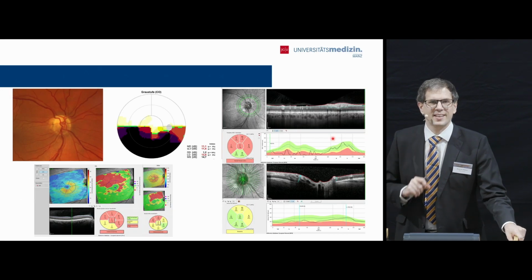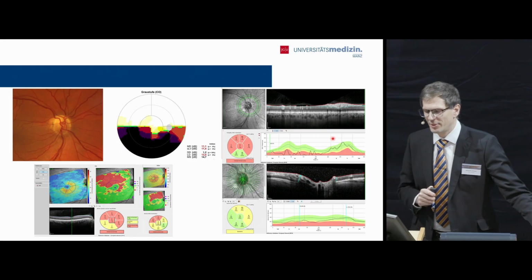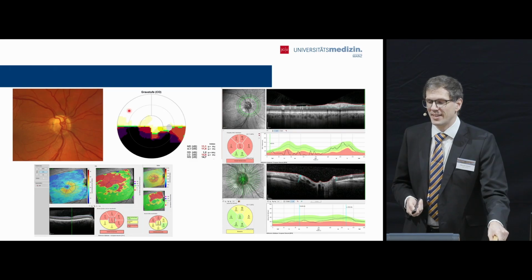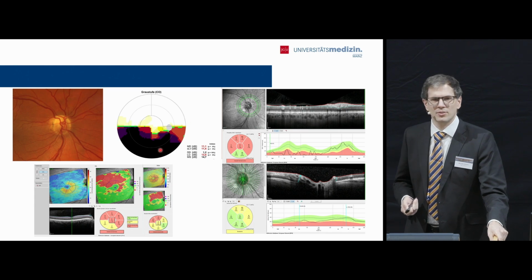Thinking about the next case, like here, what do you think it is? Let's show the picture to you. We have there the optic disc that is slightly degenerated in the upper part. We have a large visual field defect in the lower part.